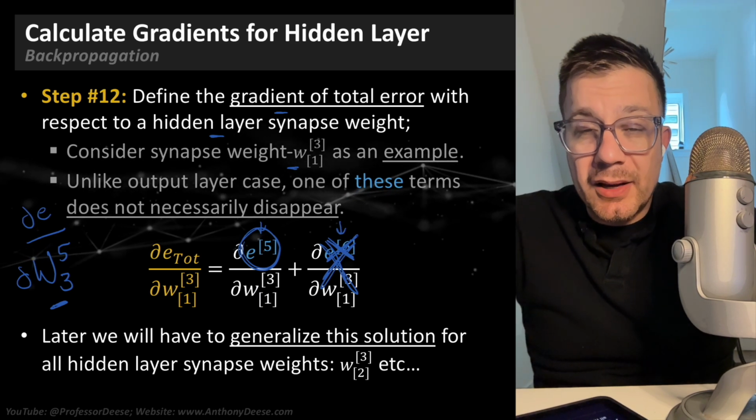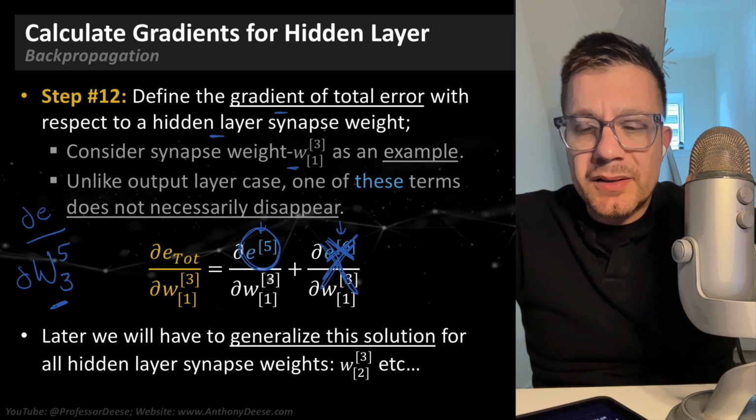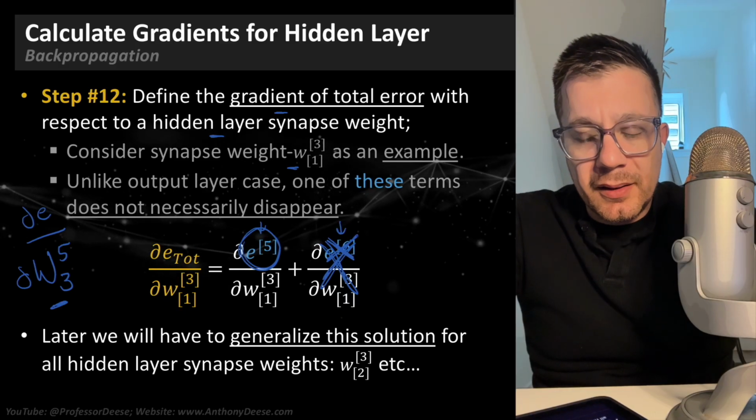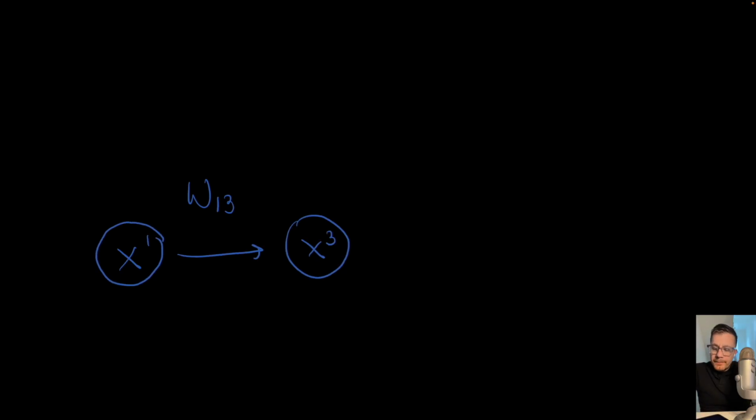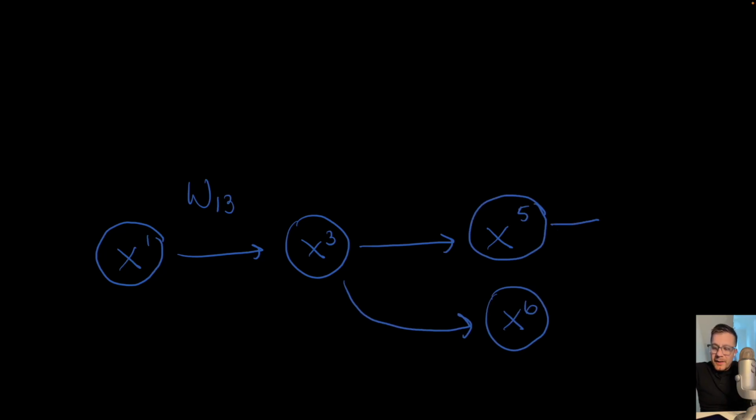That's not going to be the case, or not necessarily going to be the case, for the synapse weights associated with the hidden layer. Now, why is that? Let's take a look at synapse weight 1,3. It connects state 1, or node 1, to node 3. Node 3 is then similarly connected to node 5, as well as node 6, and that in turn generates the error component associated with node 5, as well as the error component associated with node 6.